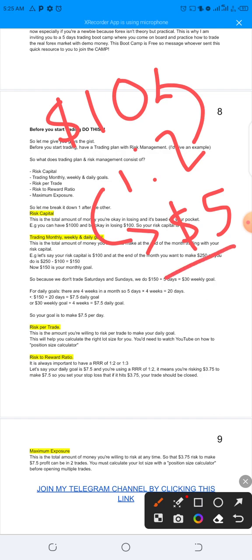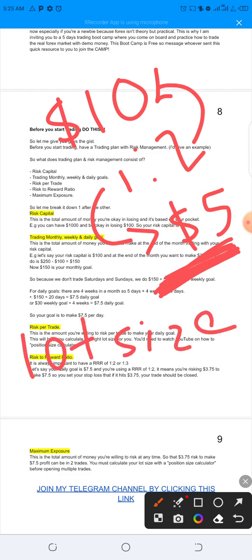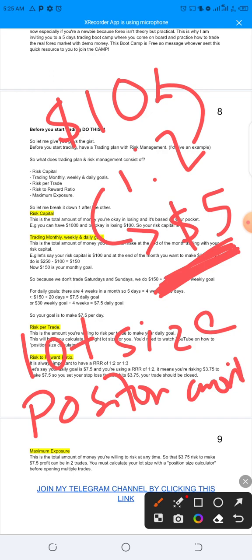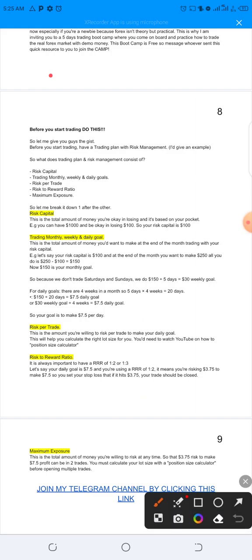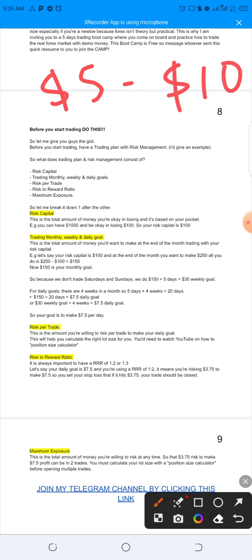So this $5 that you want to risk, depending on your capital, is how you will set your lot size and the amount of position you will open. So for example, let's say you are risking $5 to make $10.